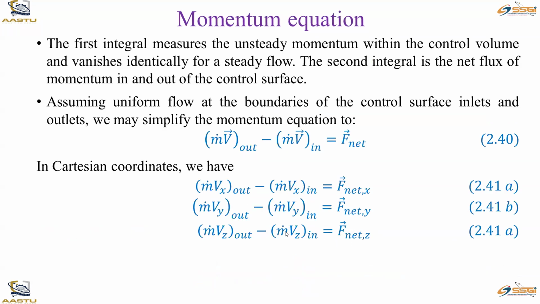Finally, after solving this equation, what we can get is mv out minus mv in is equal to F net.